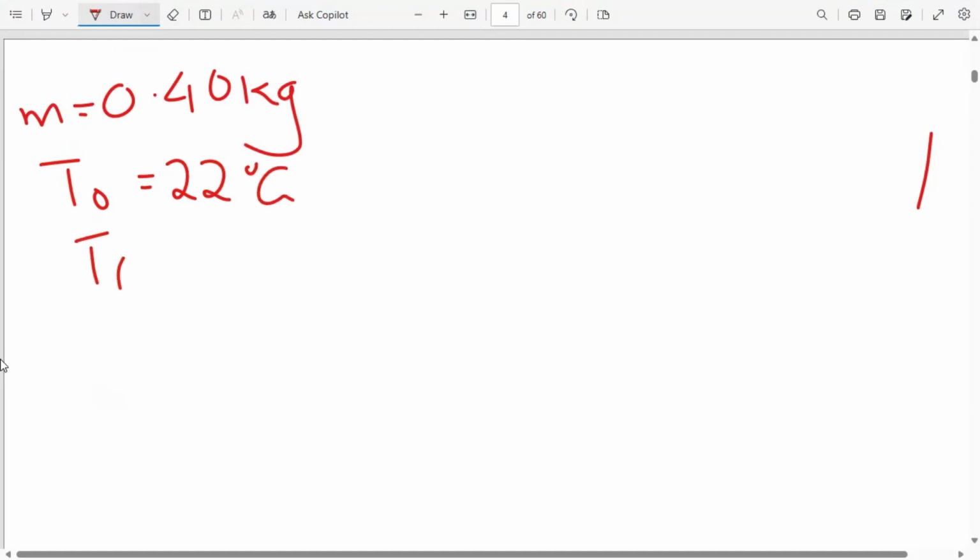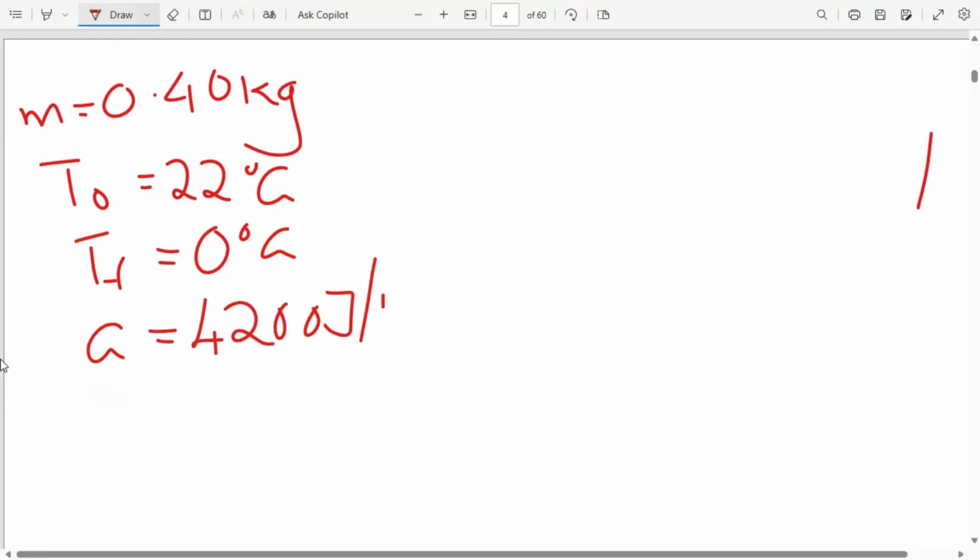Then we are reaching a final temperature of 0 degrees Celsius. The specific heat capacity is 4,200 joules per kg degree Celsius. We've also been given a time of 10 minutes.